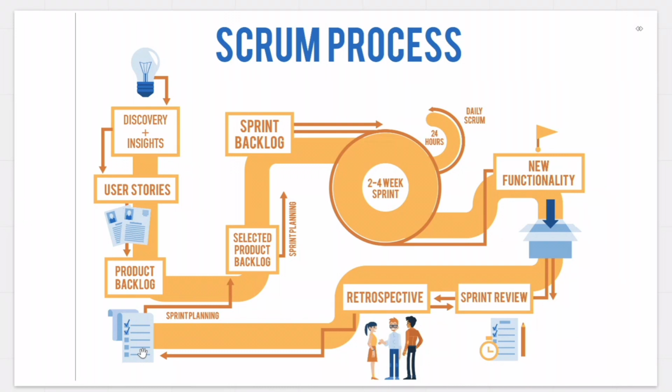So you've got this long list of everything that you want to work on. Then the product owner will prioritize it, move it into the sprint, which will be based on whatever your roadmap is, whatever your goals are for that period or for that time. So that creates the sprint backlog, which then goes into your sprint cycle.